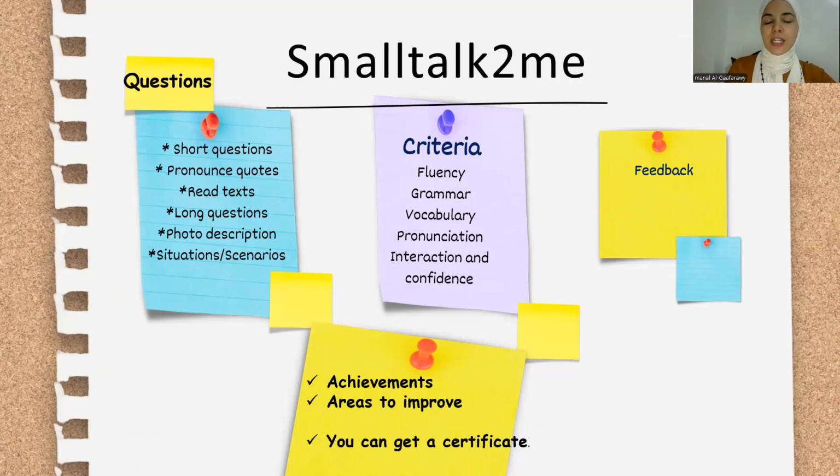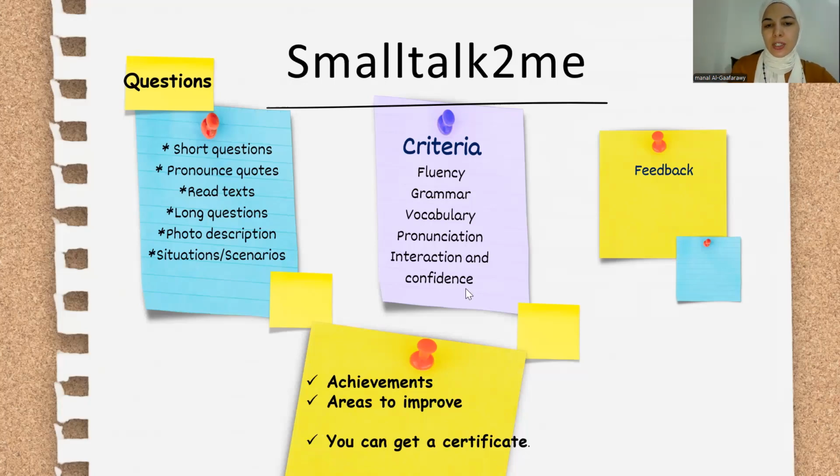And then pronunciation, whether you are good at pronouncing words clearly so that other people, the listeners, can understand, whether you use your intonation appropriately and clearly, you use stress clearly and appropriately, whether you use connected speech aspects like linking, assimilation, and elision so that your pronunciation and speech are clear enough for understanding.